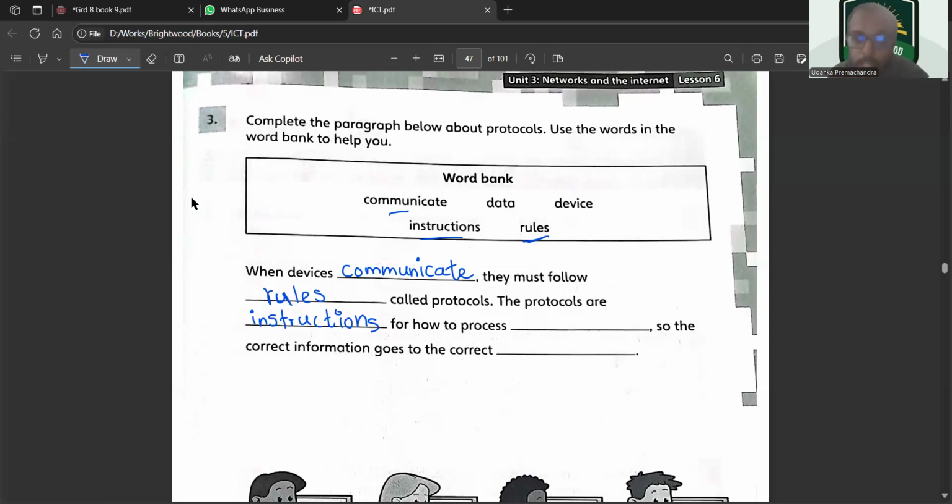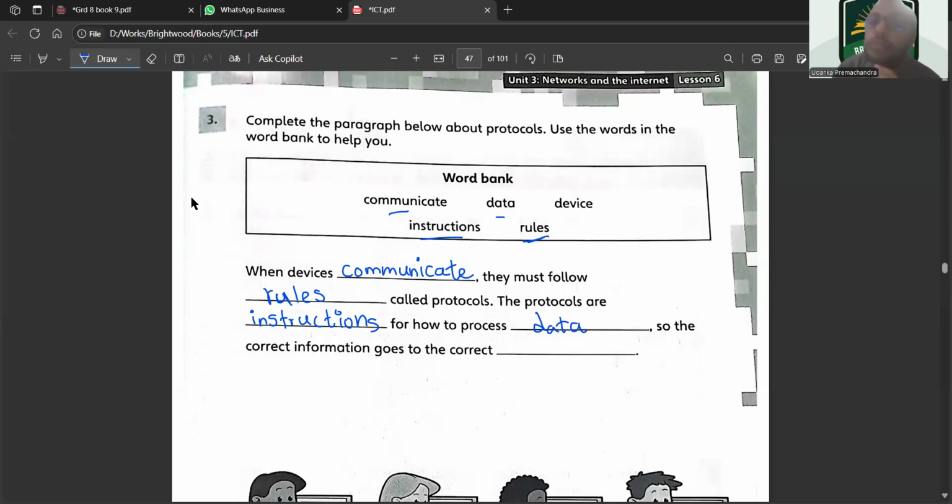Data or device? Can a device be processed? No. Process what? Data. For how to process what? Data. How to process data.